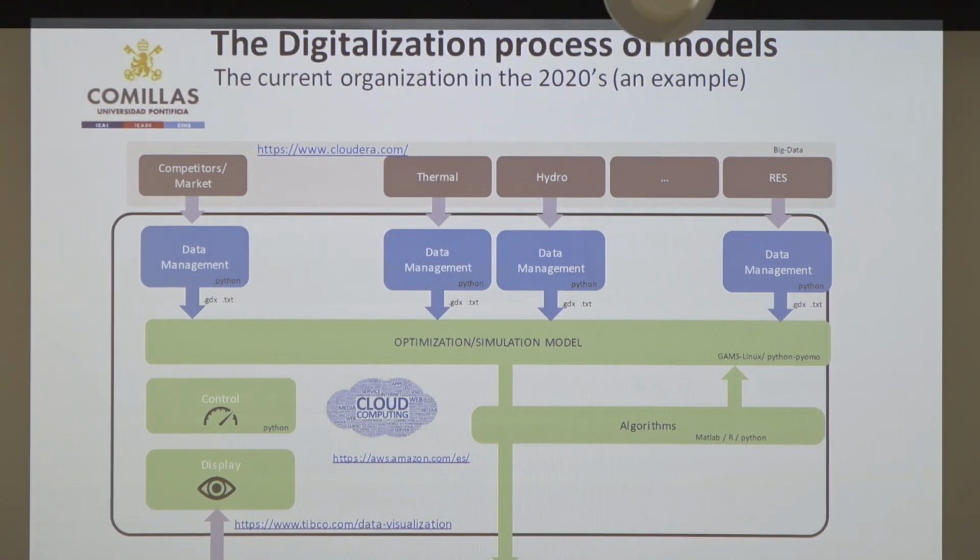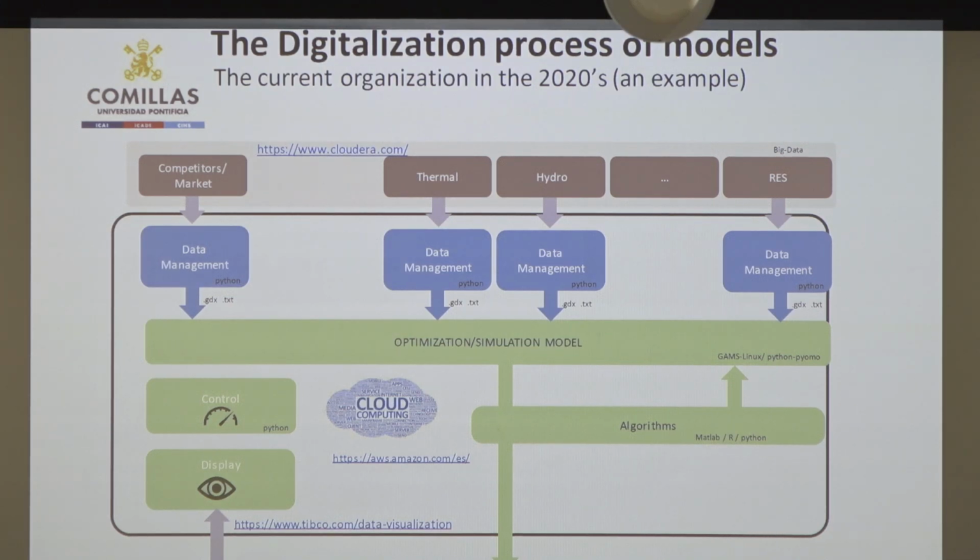And this is done in a, let's say, digitalization environment, where all these models are not run in the servers of the company or in the computers. They are run in the cloud. They are using Amazon Web Services. There are other possibilities. So our goal here is to design the optimization models. Somebody is trying to feed all the data, all these databases in the big data.